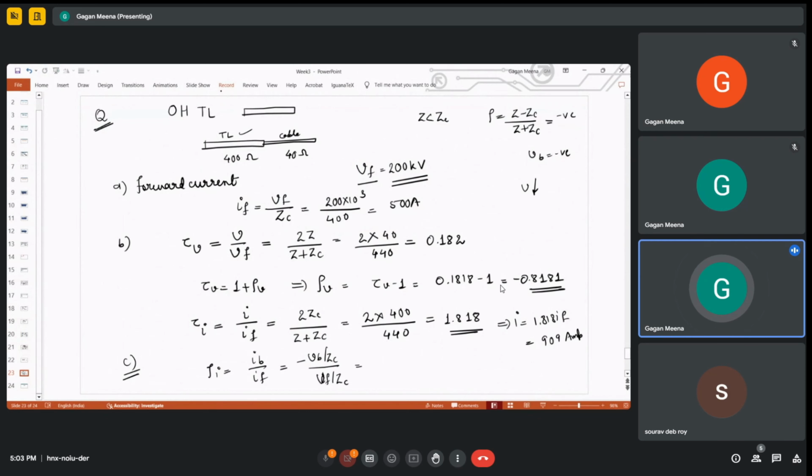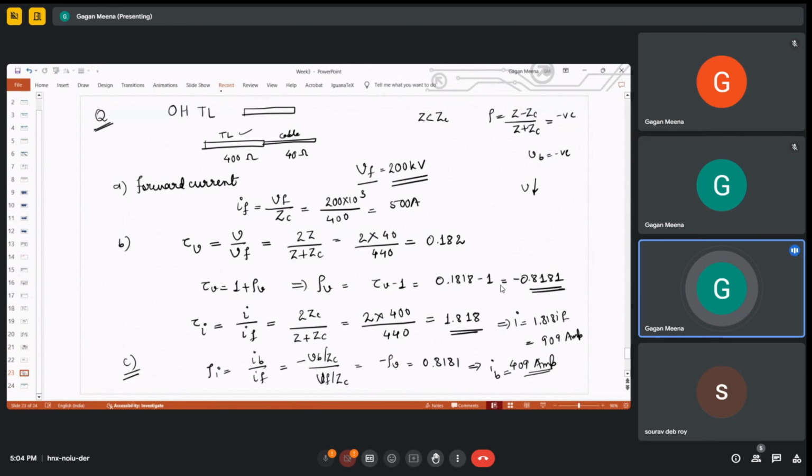So this becomes minus rho V. Rho V was this, so rho I comes out to be 0.8181. This implies I backward equals 0.8181 I forward. I forward is 500, so 0.8181 into 500 is 409. So I backward is 409 amperes.